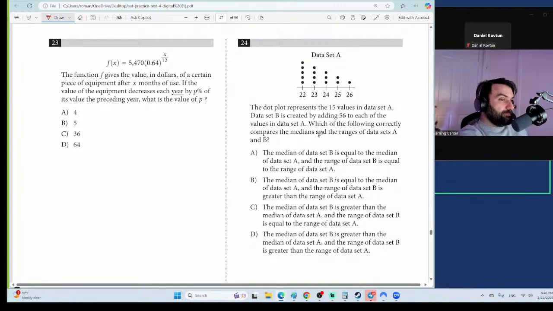Really? Which of the following correctly compares the medians and the ranges of the data sets?